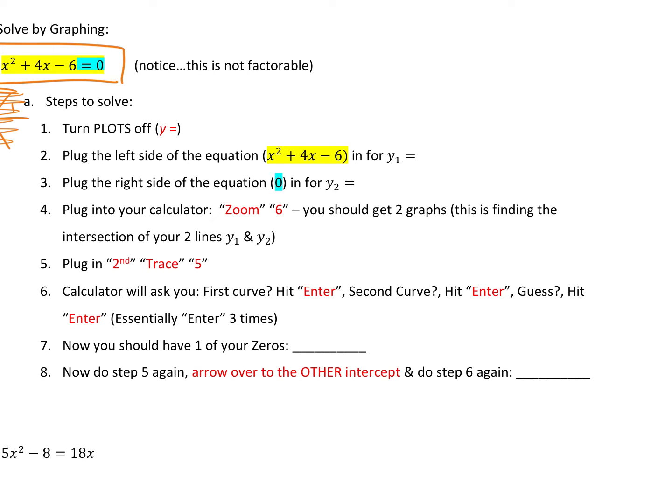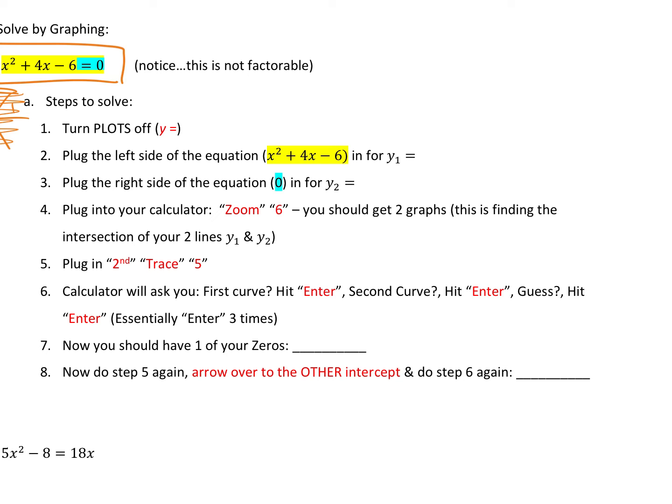The way we're gonna find them is we're gonna tell the calculator to figure out where our two lines intersect, right? That's all that's happening there, it's an intersection of those two lines that we put in. So you're gonna go second, and then trace up top. Okay, so second, trace, and then notice what number 5 is. It's an intersect.